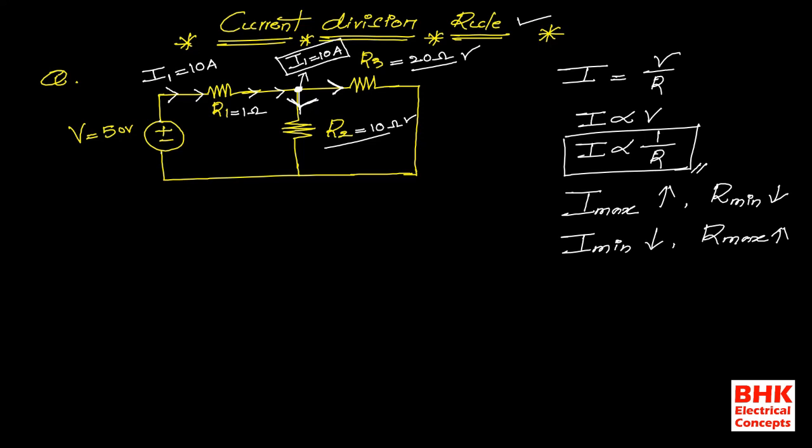10 amperes. So from this total current of 10 amperes, some amount of current divides and flows through R2, and some amount divides and flows through this particular R3. To find this divided current from the total current available at this junction point, we go for the concept of the current division rule.